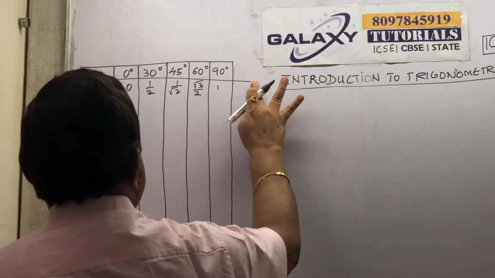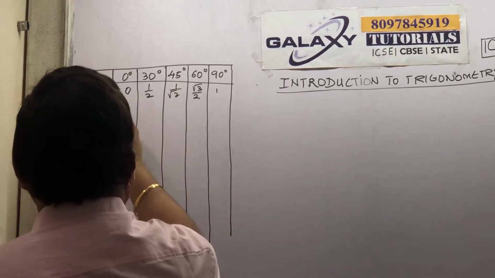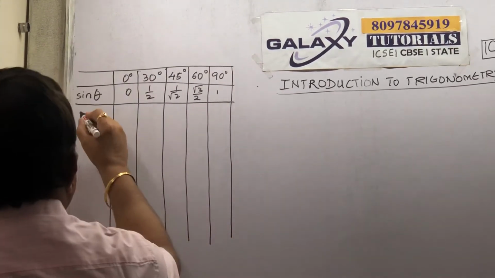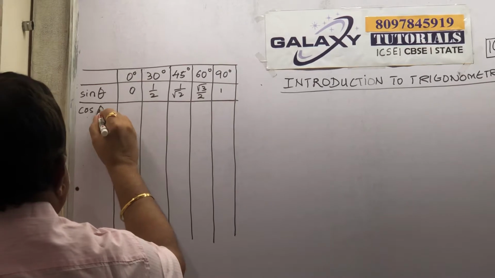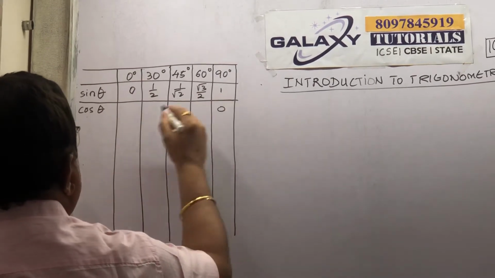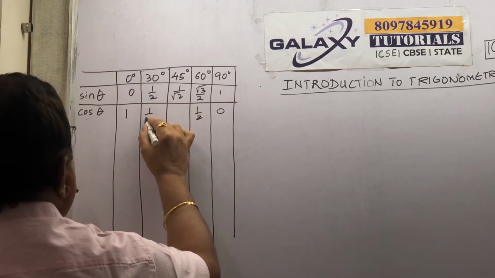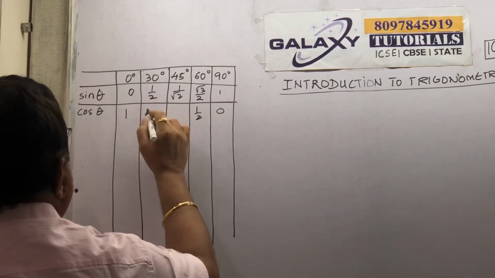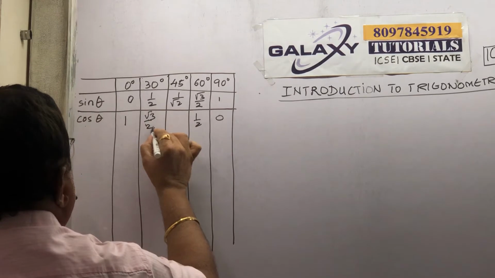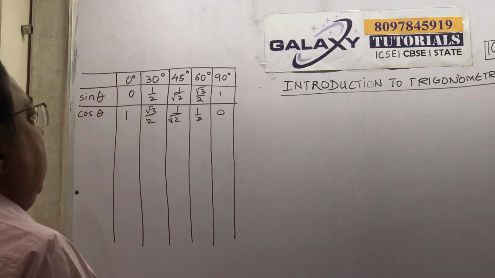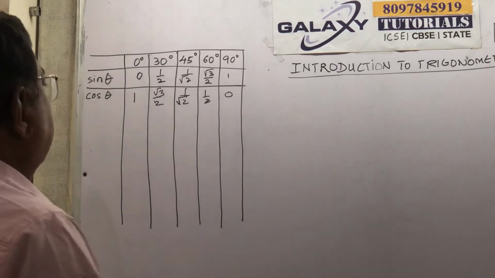So this is how we will have the standard values which you will memorize. Sine. For cos, we will write in reverse order. 0 will come here, 1 will come here, half will come here, root 3 upon 2 will come here, and the middle will remain same. So we can write it in the reverse order.